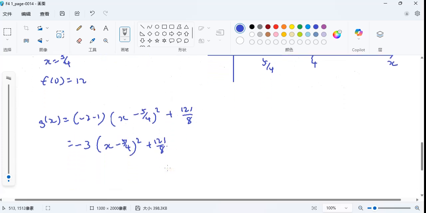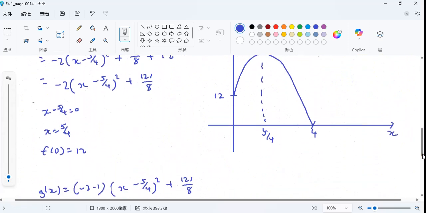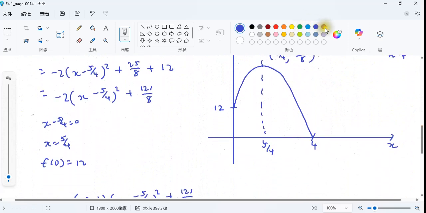And we know that g of 0, how many marks? It's 1 mark only. Then we know that g(x) is narrower than the f(x).